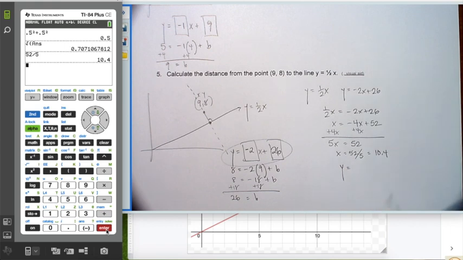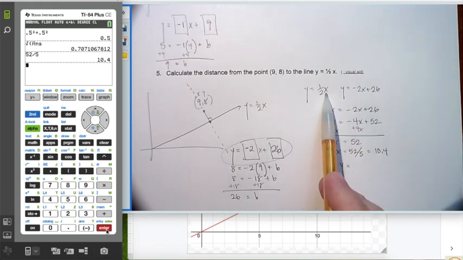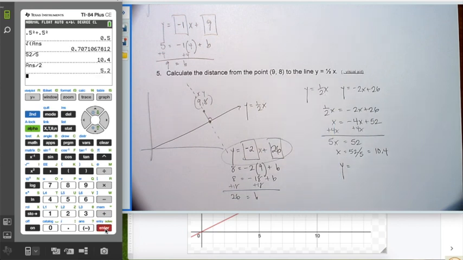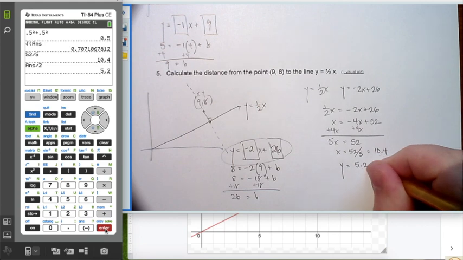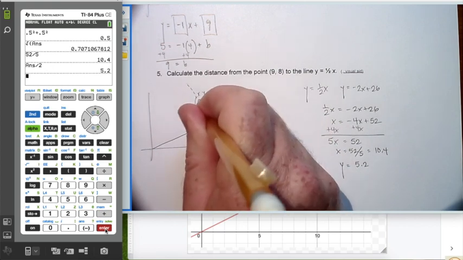To get the corresponding y value, you can plug it into either one of those two equations. I'm probably just going to plug it into the left one, the 1/2 x, because it's easy to take half of 10.4, 5.2. Maybe it's worth noting that if you plugged x into that second equation, you get the exact same value.